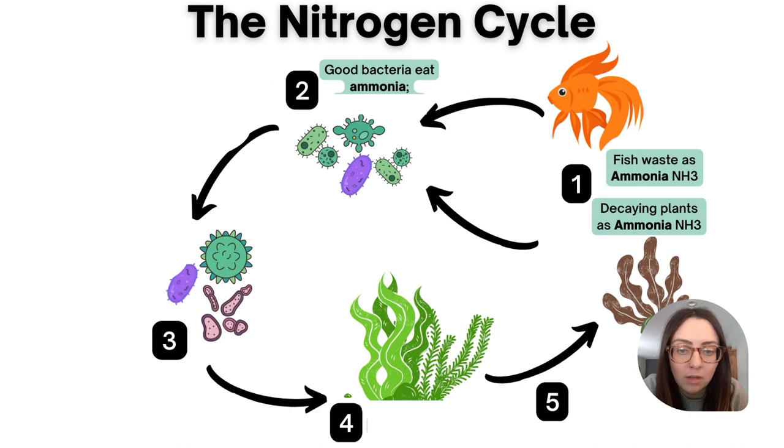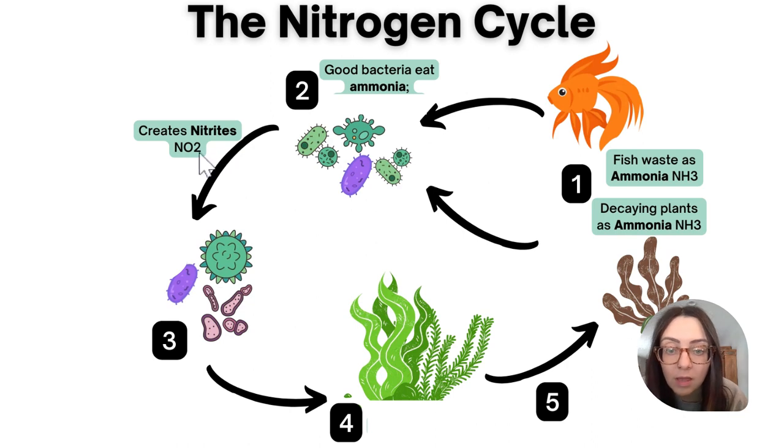Okay, probably not going to have the good bacteria that we need. So, these bacteria are going to eat the ammonia and they're going to produce nitrite. Okay, nitrite. That's NO2.